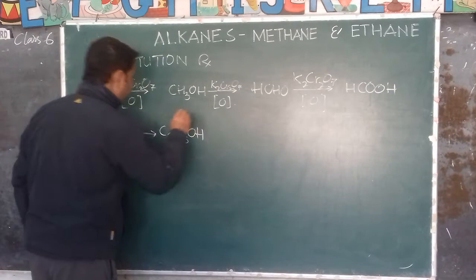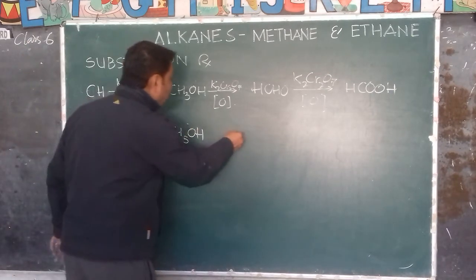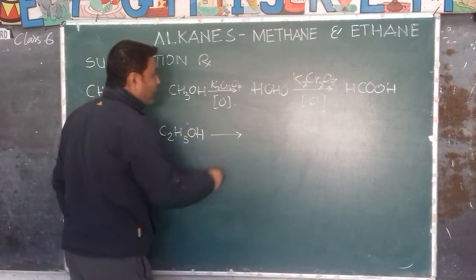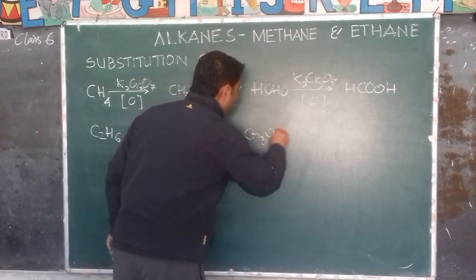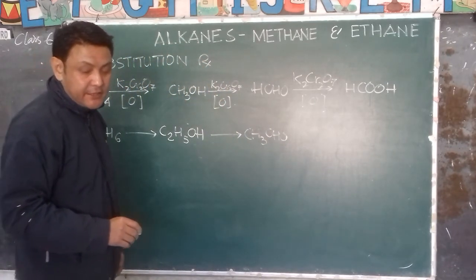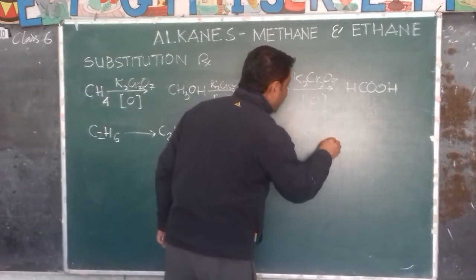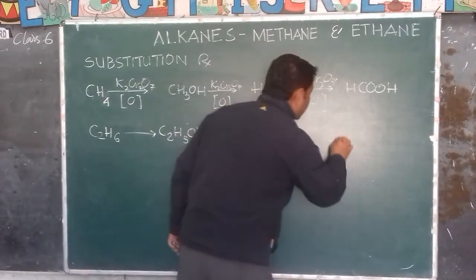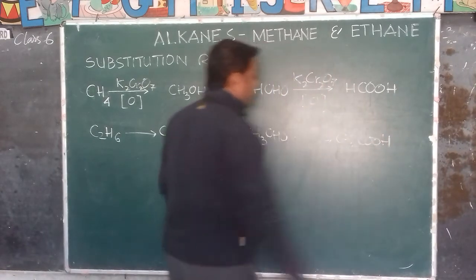In both the cases, we get C2H5OH. Methane becomes methanol. Methanol further oxidizes to form methanal. Similarly, ethanol further oxidizes to form ethanal, CH3CHO, and then we get ethanoic acid or acetic acid, that is CH3COOH.